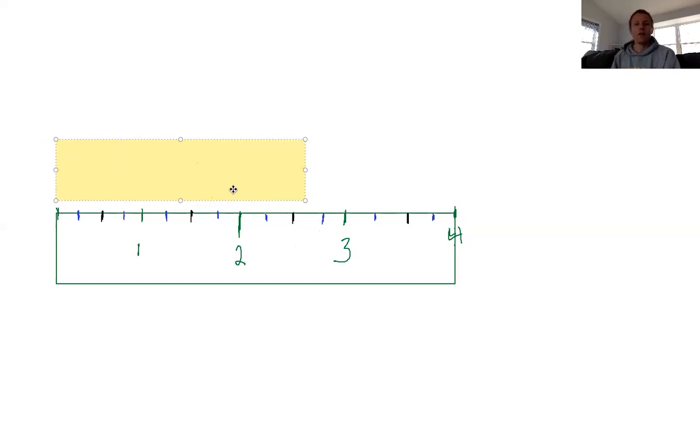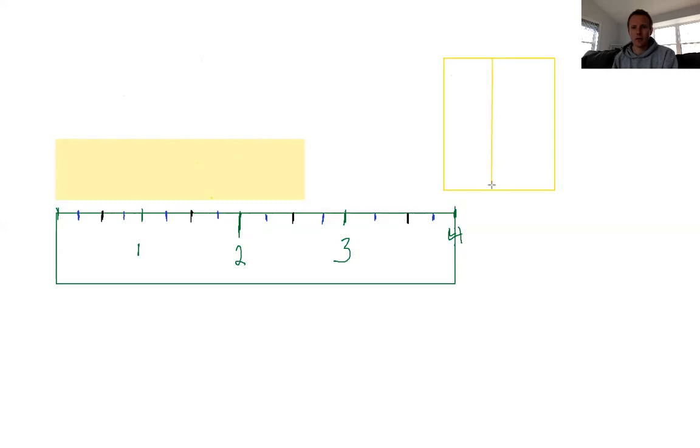Now, the other thing that you need to pay attention to here is that you might be asked to put these things in charts. So you might be given 4 different shapes. You might measure this one first, and maybe we're measuring this to the nearest half an inch. And so we could say that I'll make my little table over here. And you might have something that looks like this.